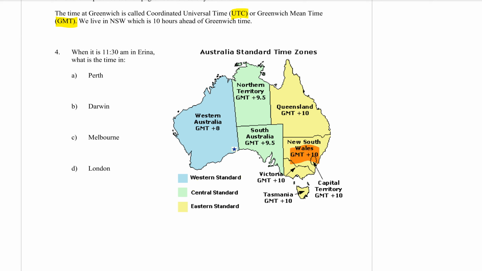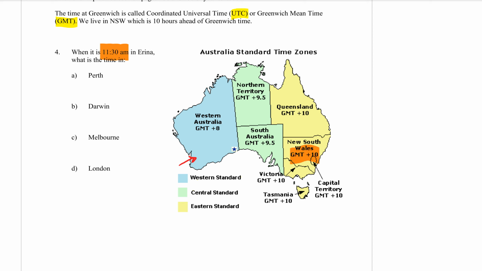So you can see that there is some slight changes in the states of Australia, and what we want to do is we want to find some different times. So here is our question. If it is 11:30 a.m. in Erina, now remember that Erina is located in New South Wales, what is the time in Perth? So Perth, we need to know a little bit of geography here. Perth is over here in Western Australia.